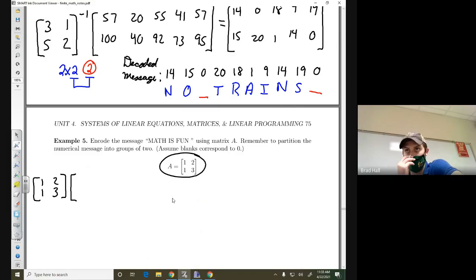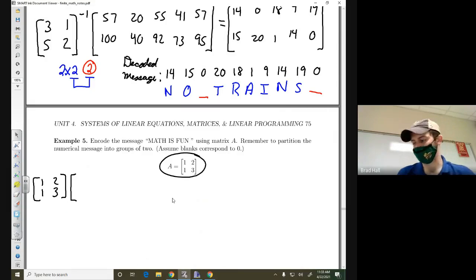I'm going to go ahead and skip the step of converting the characters to numbers, and instead I'm going to take those conversions and put them straight into a matrix. Now we have to, again, put this into groups of 2, because the matrix over here is a 2 by 2, which basically says we have to use groups of 2.